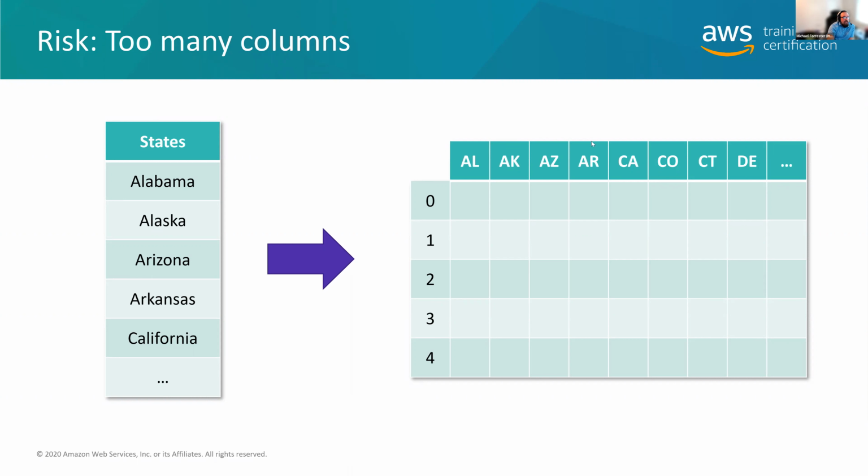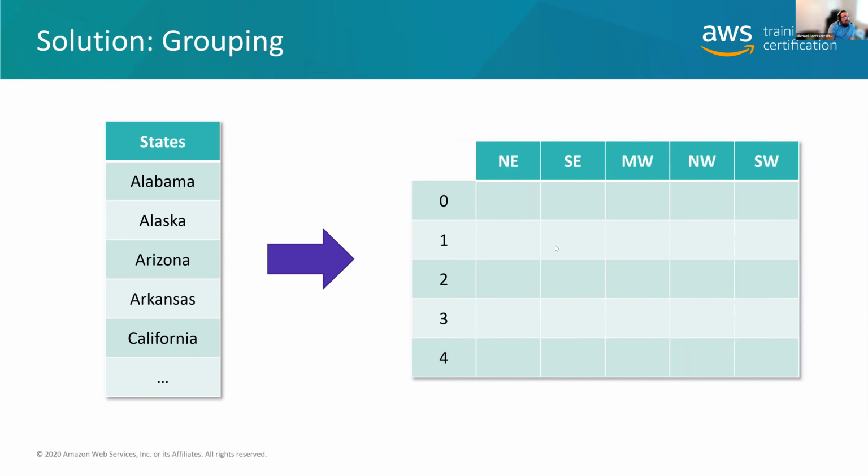So if they're doing sales forecasts, maybe they don't care about state. In that instance, you might group it by region: Southeast, Northeast, Midwest, Northwest, Southwest. That way you can reduce the number of columns and still derive meaningful location context in a numerical way. You can still take the state data and make it meaningful.